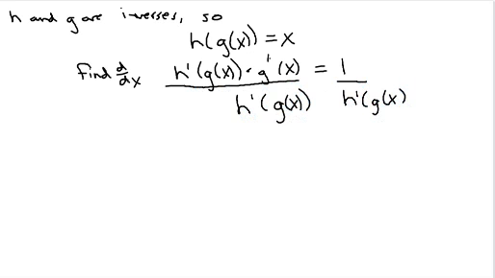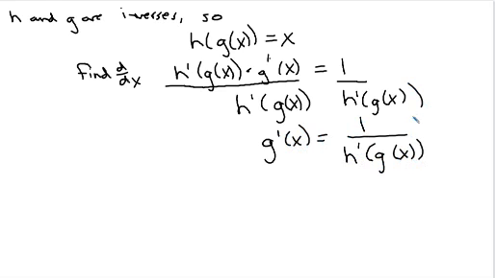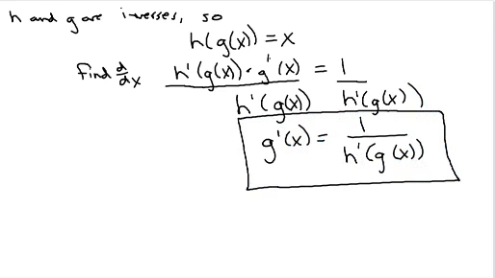And what I get is this nice little statement here, g prime of x equals 1 over h prime of g of x. And that statement can solve so many problems on these derivatives of inverses. And so this is point 3 right here.